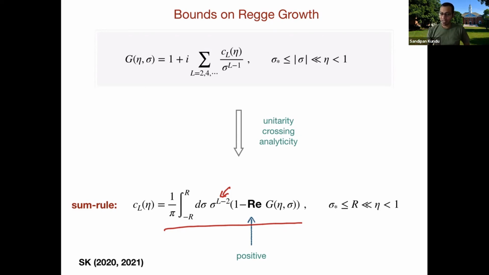The statement that you are making, in this language, is that this quantity in the integral converges in the limit of sigma, even when sigma is small. Thank you. So what I was thinking of as the arc at infinity was actually the small sigma. Well, there is no funny contribution near sigma 0. Since the Regge correlators are bounded, it's a completely well-defined quantity.